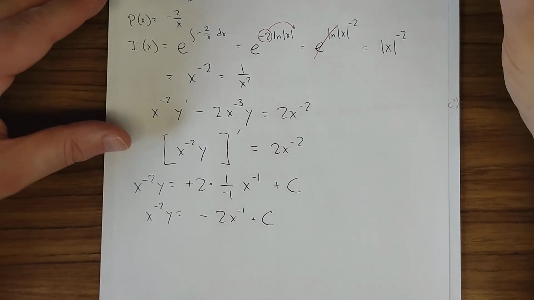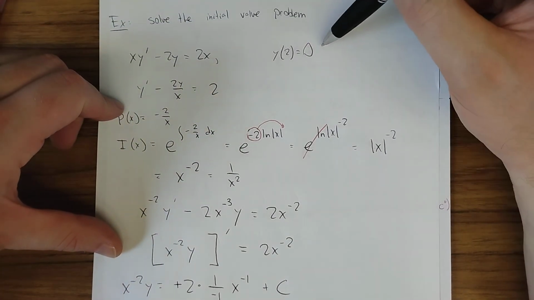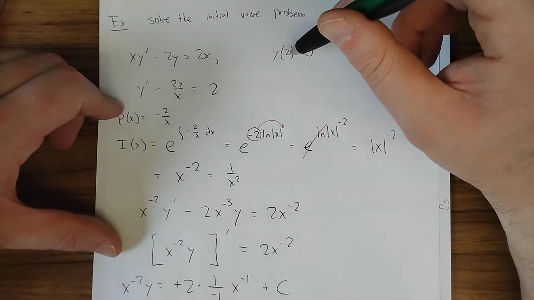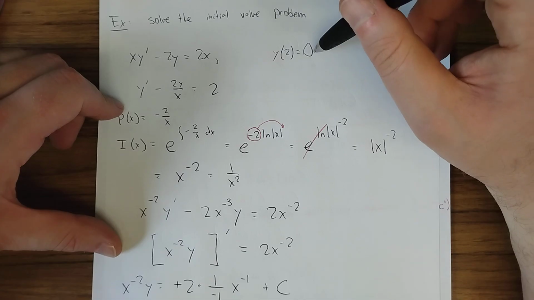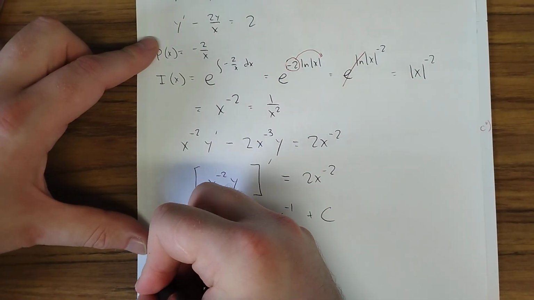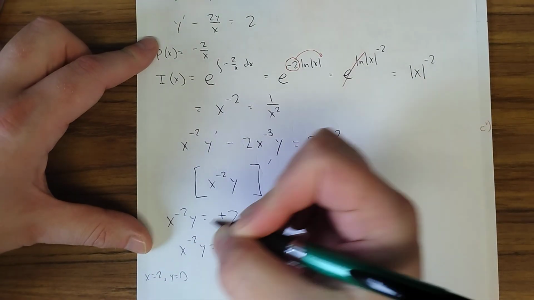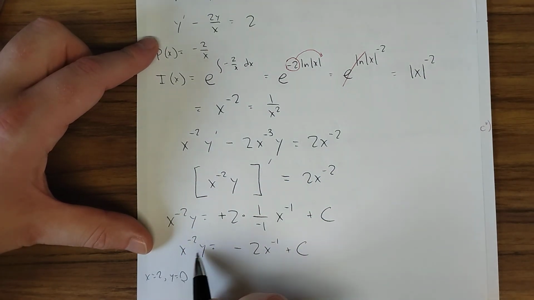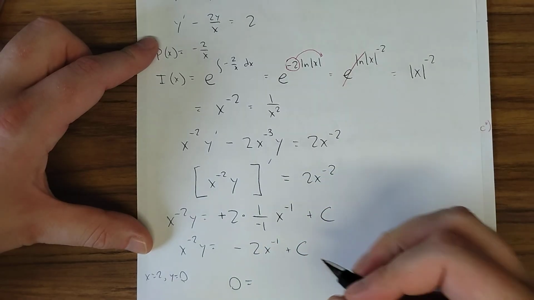So one thing is, this is an initial value problem, so we should be able to figure out C. So this is telling me that when x is 2, y is 0. So if I plug in those, this is going to give me 0.